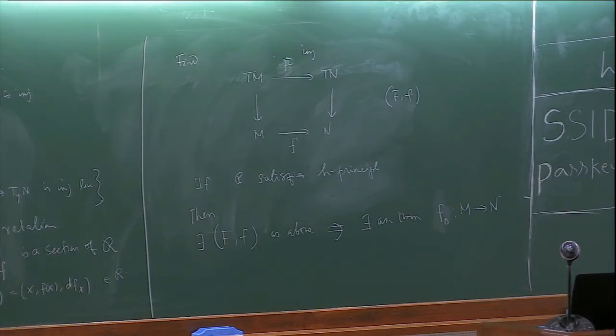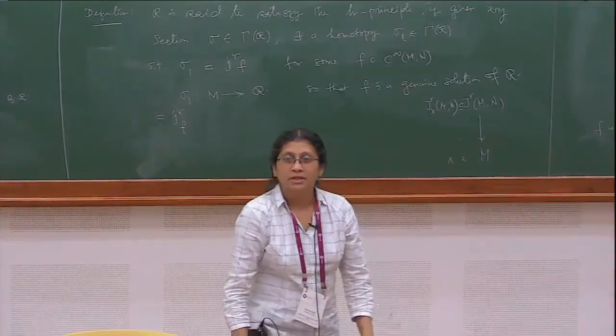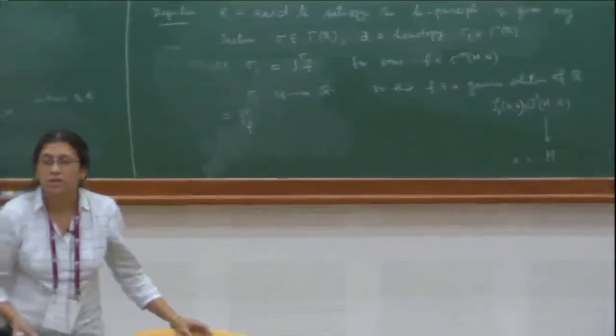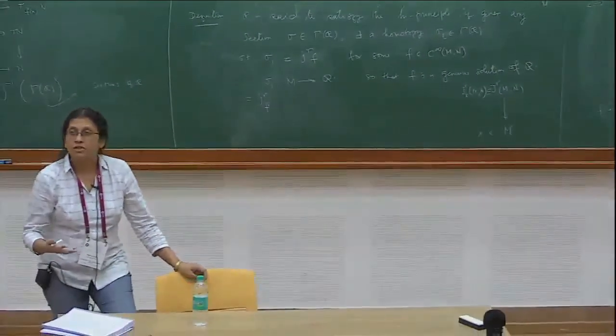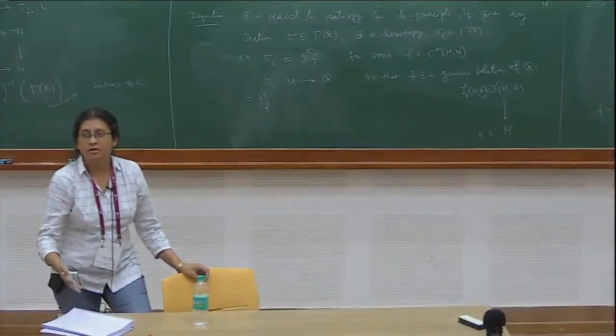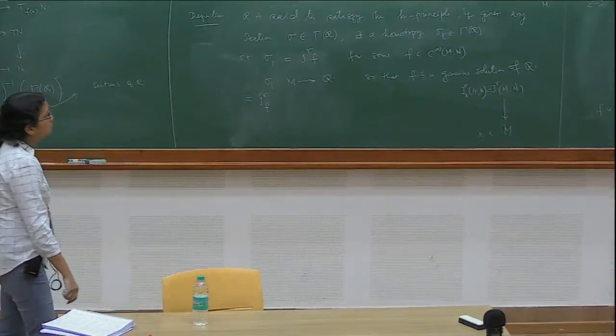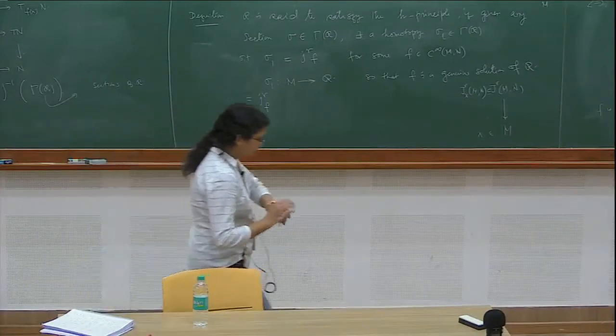So given any bundle, whether it has a solution or not, that theory can address satisfactorily. But the differential problem is the most difficult problem, because you need to produce something which is r times differentiable, depending on the order of the differentiability.